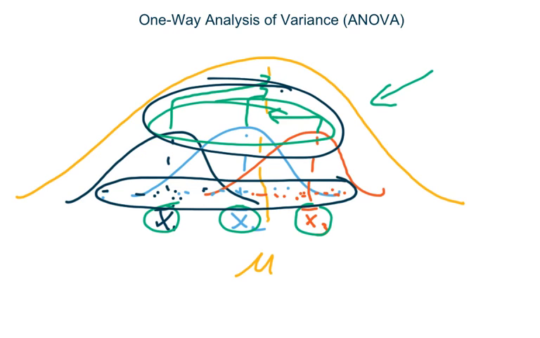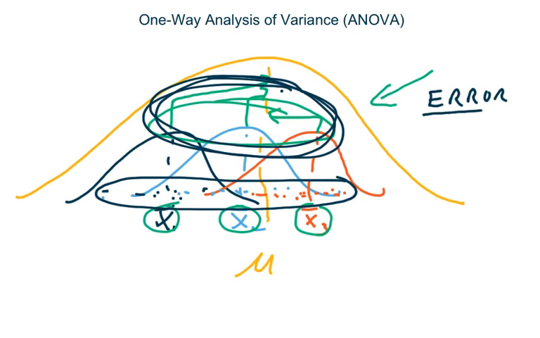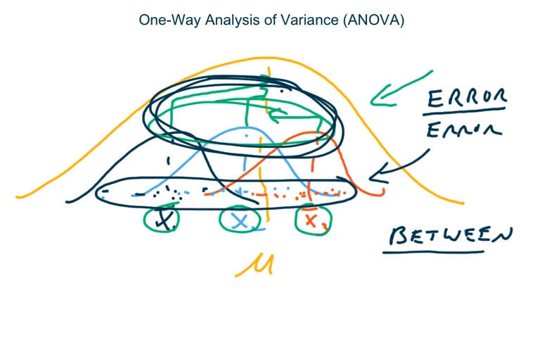And so what we do in ANOVA is we create a ratio. We divide the error obtained between groups, why one sample differs from another sample, by the error within groups, which is the individual variability. Or said another way, we take between groups variability and divide that by within groups variability.